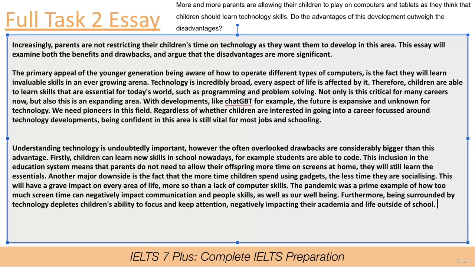Let's have a read back. Understanding technology is undoubtedly important. However, the often overlooked drawbacks are considerably bigger than this advantage. Firstly, children can learn new skills in school nowadays. For example, students are able to code. This inclusion in the education system means that parents do not need to allow their offspring more time on screens at home. They will still learn the essentials. Maybe that's unnecessary.